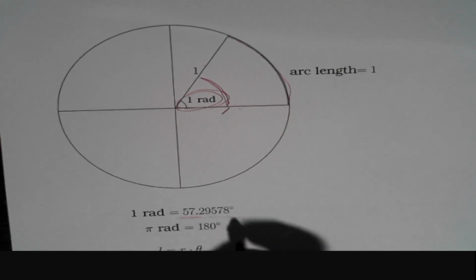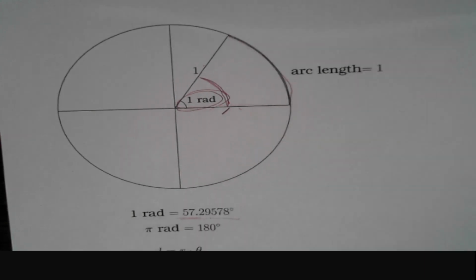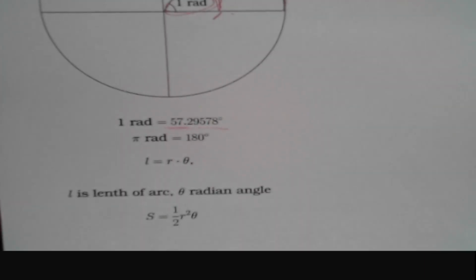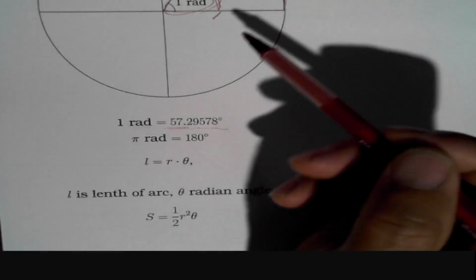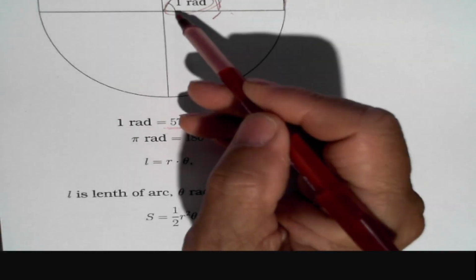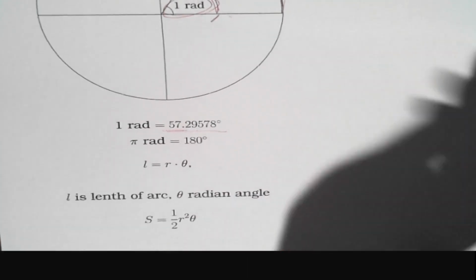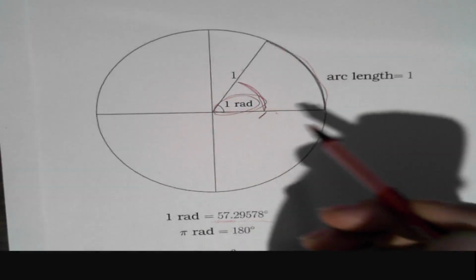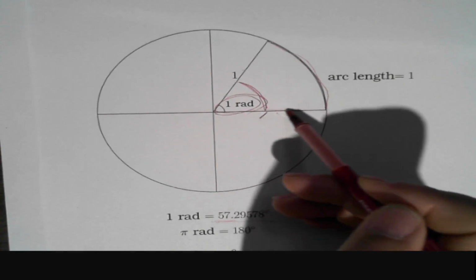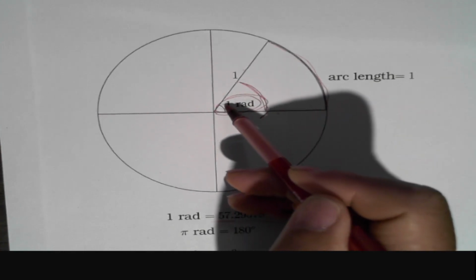Later, when you use this kind of value, you're going to use a calculator, so the calculator shows you the angle right away. Don't worry too much. Now, whenever we use a radian angle, we can calculate the arc length as radius times radian angle.